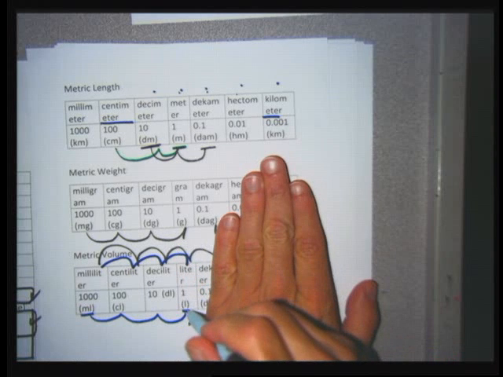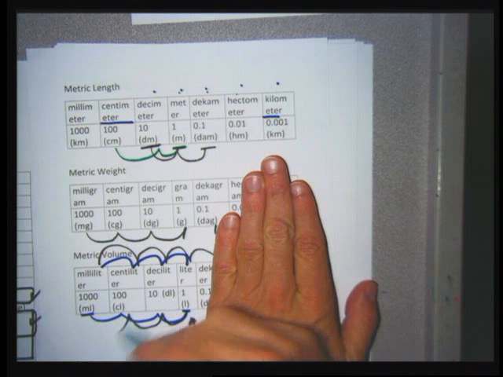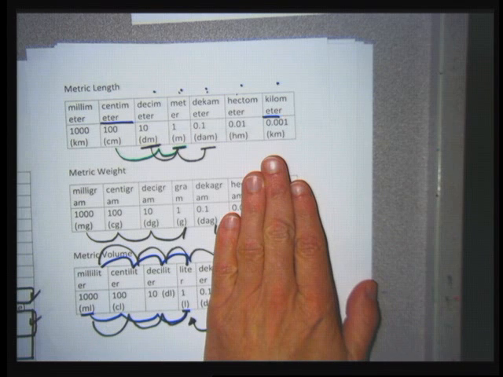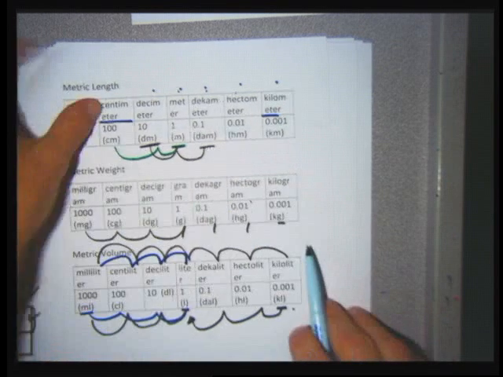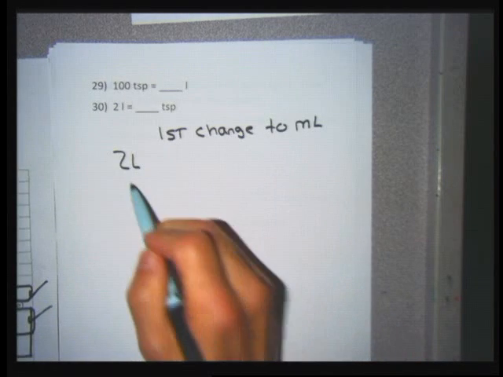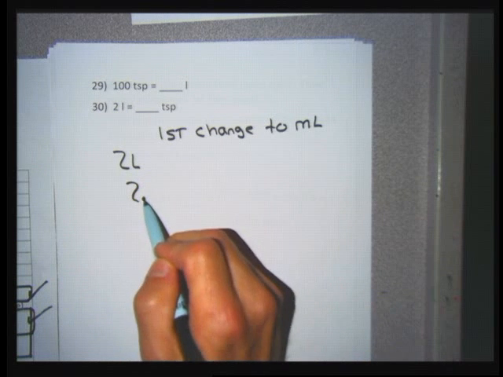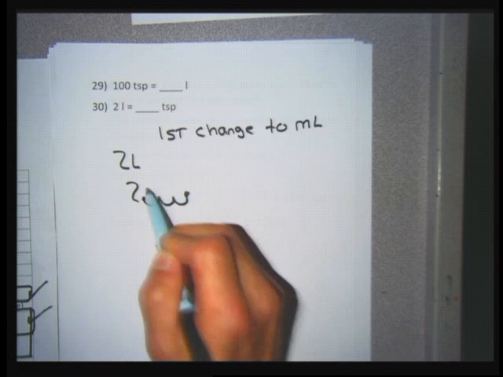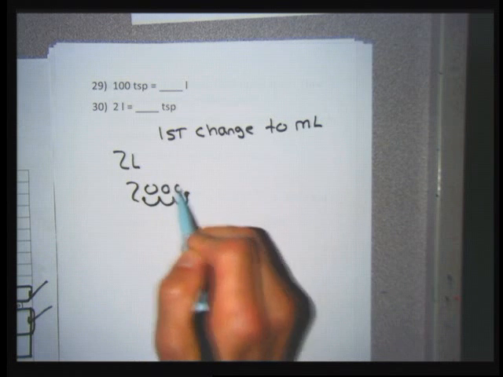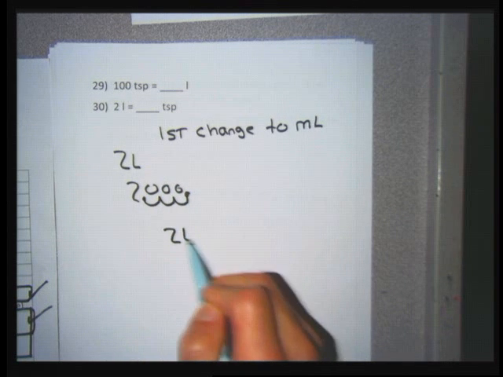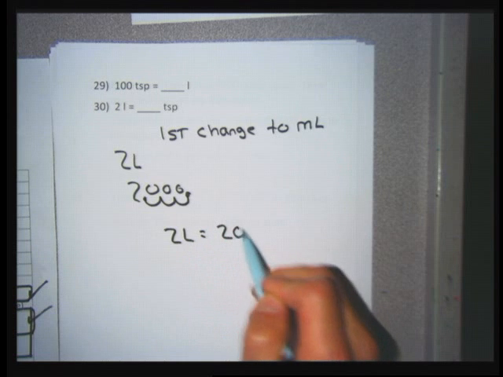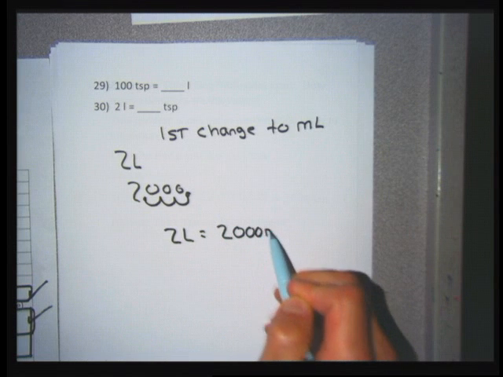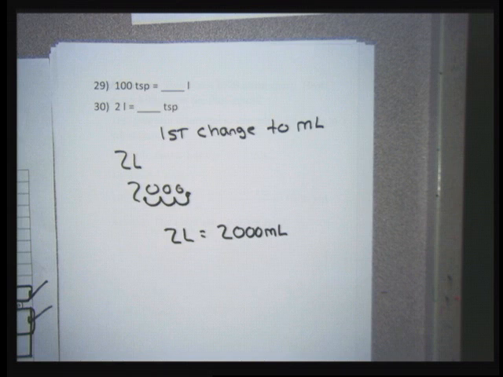To go from liters to milliliters, it's 1, 2, 3 to the left, so I need to move my decimal 3 to the right. So there's a decimal here. I move it 1, 2, 3 to the right, fill in the zeros, and now 2 liters is 2,000 milliliters.